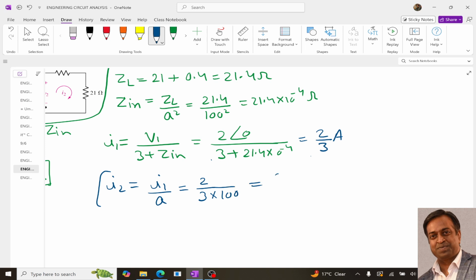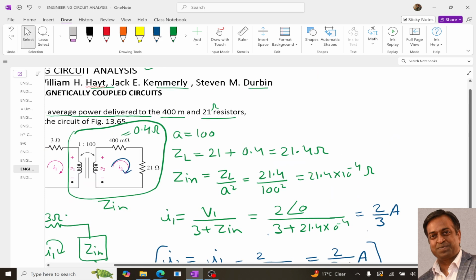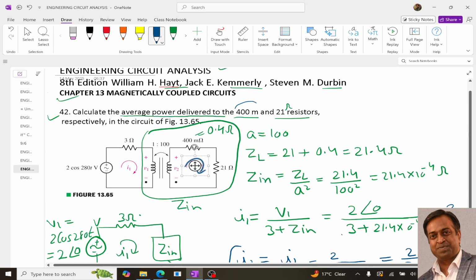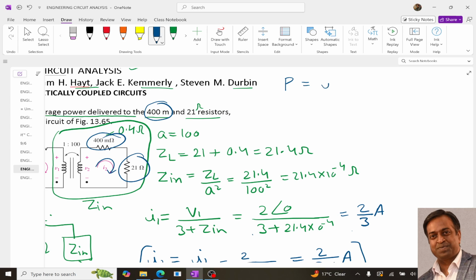Our I2 is 2 upon 300 amperes. Now once we get I2, what do we need to determine in the question? We need to determine the power delivered to this resistor and this resistor. We know the formula: power equals I squared, meaning I2 squared, into R.